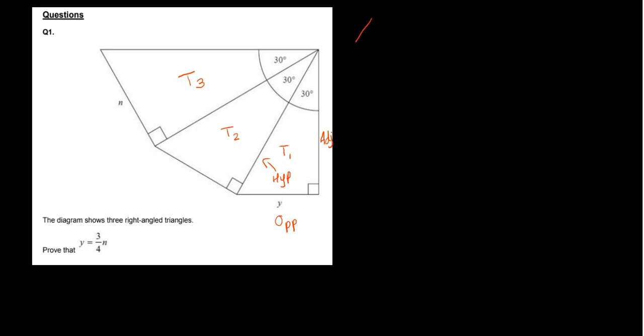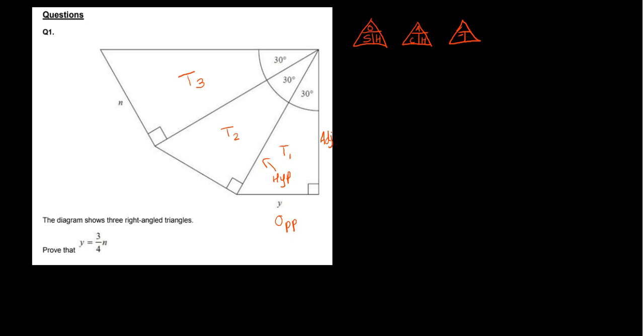So let me write down the triangles for the three trigonometric ratios. That's for the sine, cos, and the last one is for the tan.